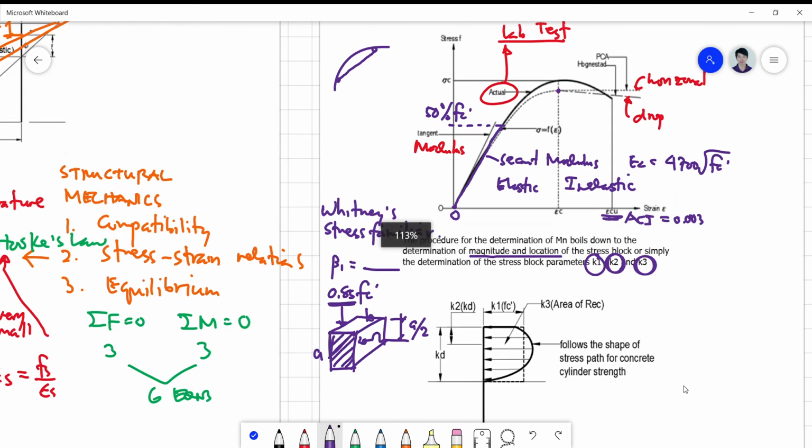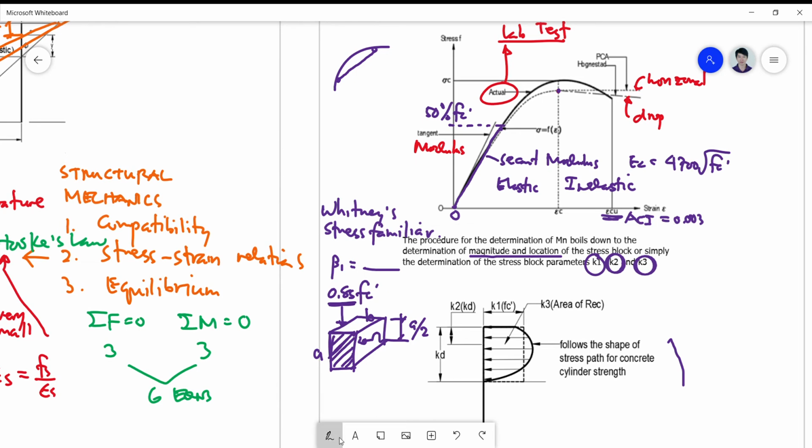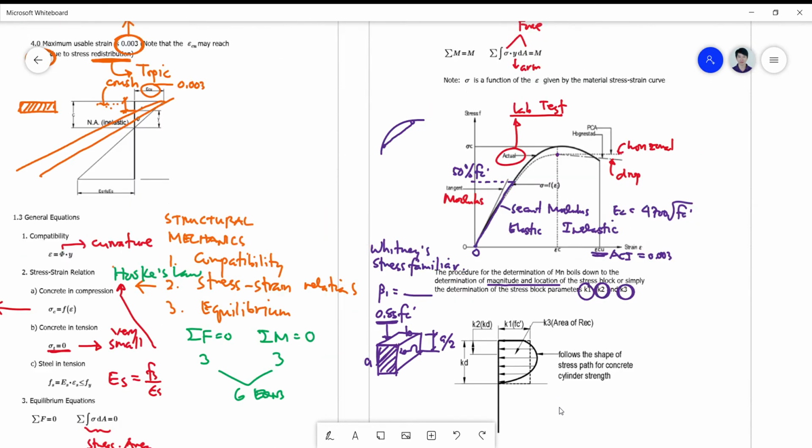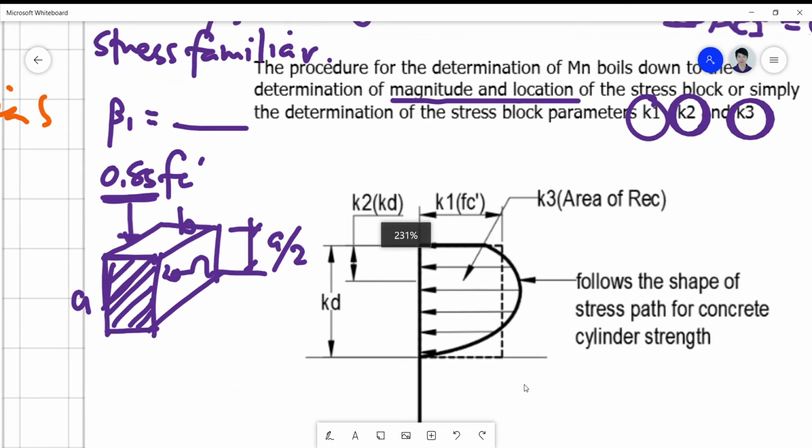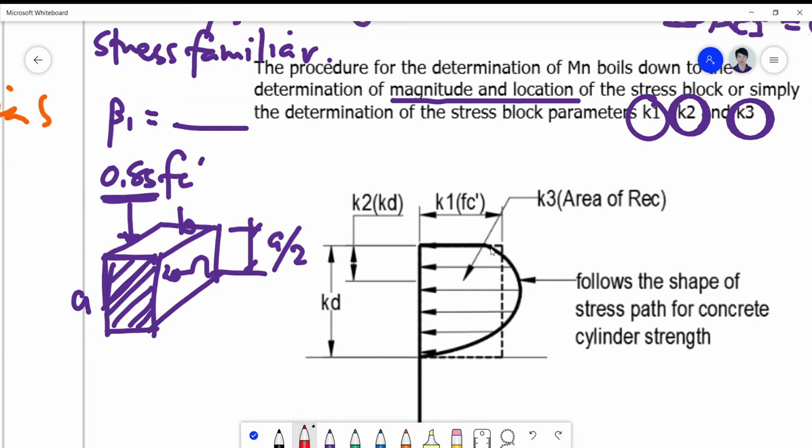Okay, so let's try to explore a little bit of understanding on how an actual stress block is analyzed. Okay, so if we have here your actual stress block, which follows the shape of the stress path for concrete cylinder strength, this is what we will use, no? We will not get these parameters K1, K2, and K3 unless again we have a test as an experiment.